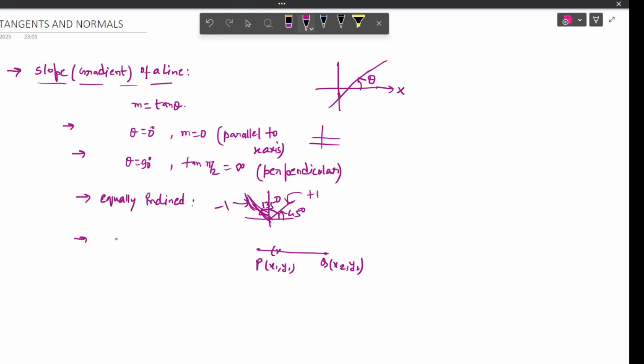Then slope would be y2 minus y1 by x2 minus x1. Now we can say difference of ordinates by difference of abscissa.